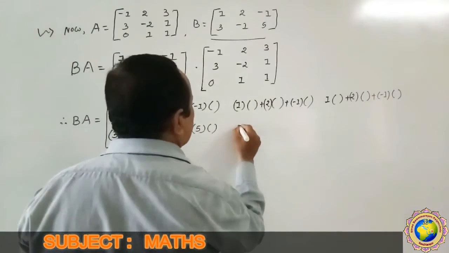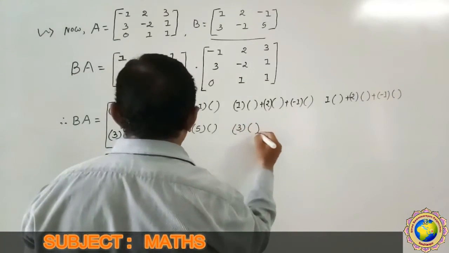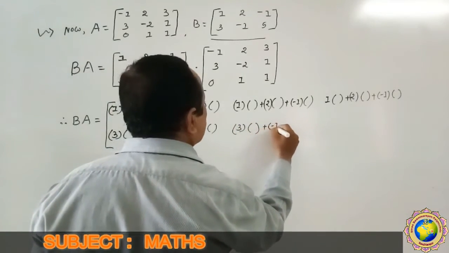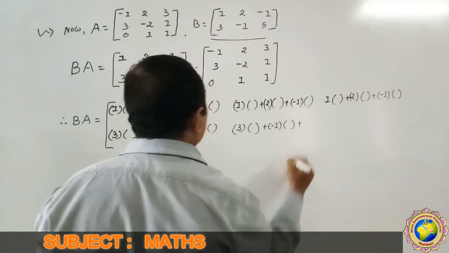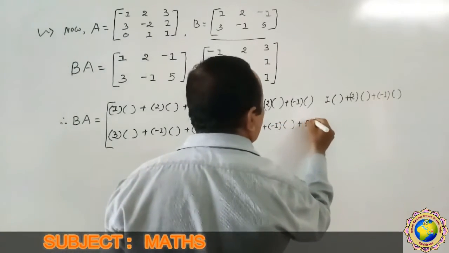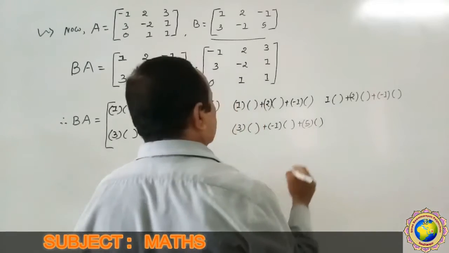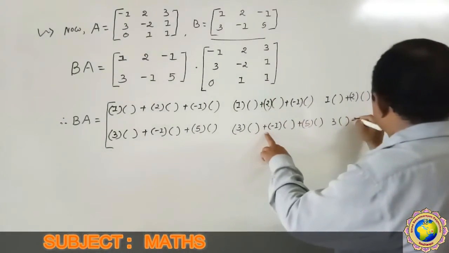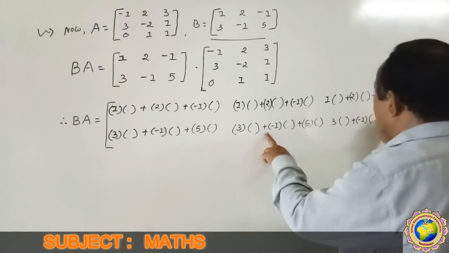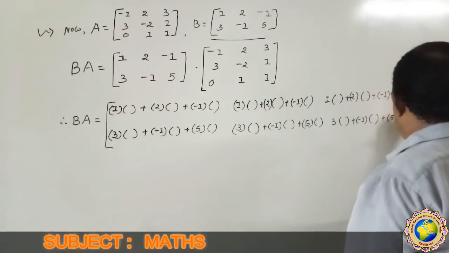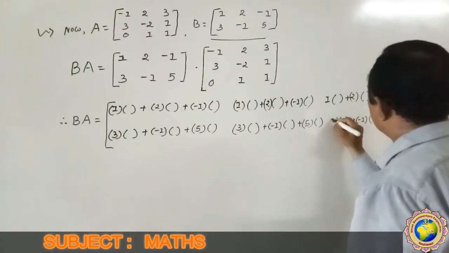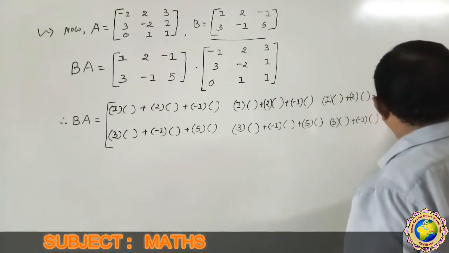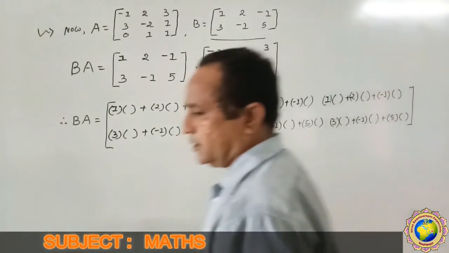Similarly 3 plus minus 1 plus 5. And the third time 3 plus minus 1 and 5. Clear?